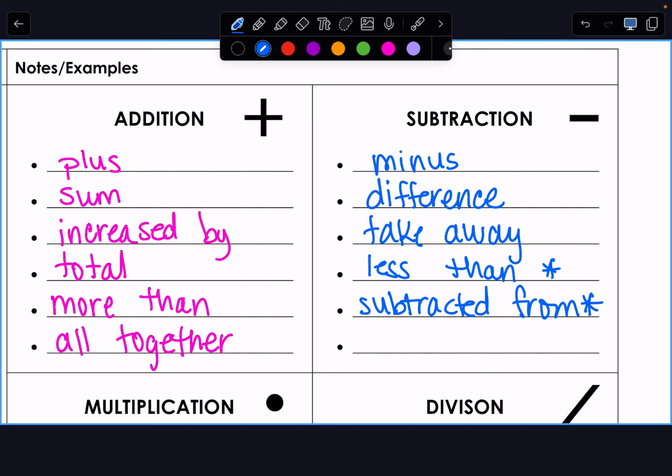Okay. Then what would be, like, I'm gonna circle one for addition. Decreased by. Okay, now we put a little star by two of them.